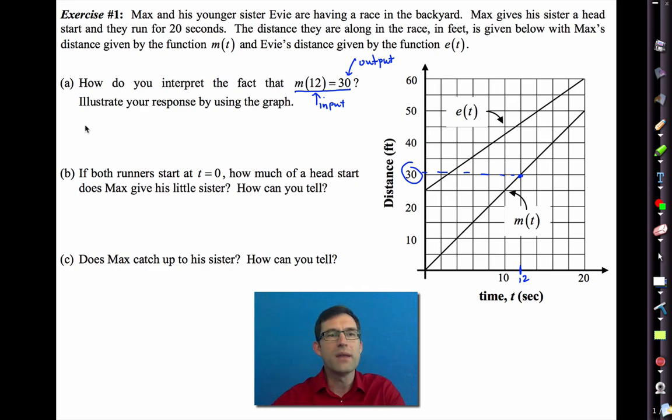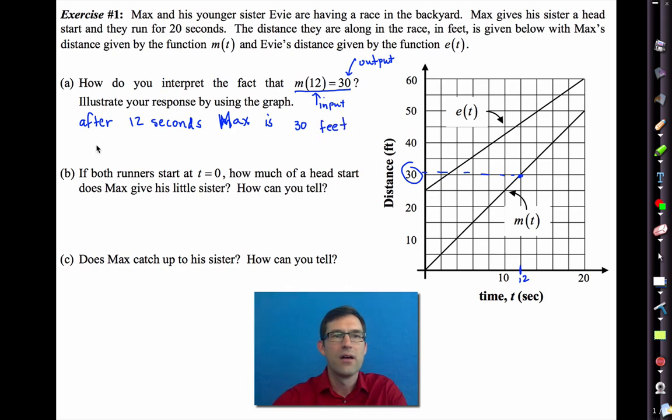So what that means is that after 12 seconds, Max, whoops, I should probably capitalize his name, Max is 30 feet along in the race. He's 30 feet along in the race. Maybe he's 30 feet in front of the starting line.